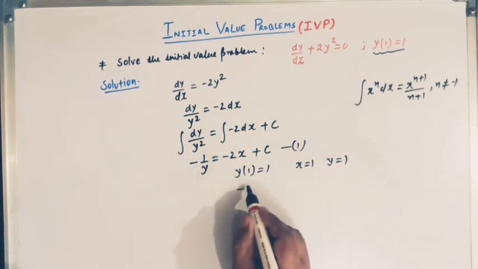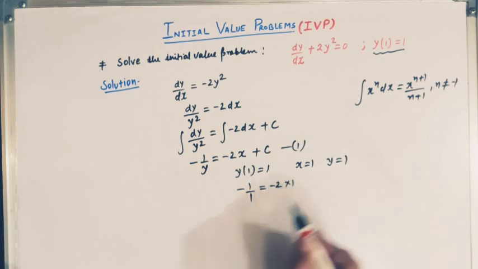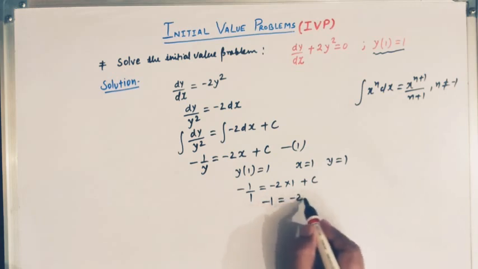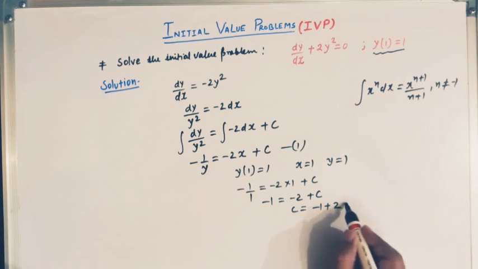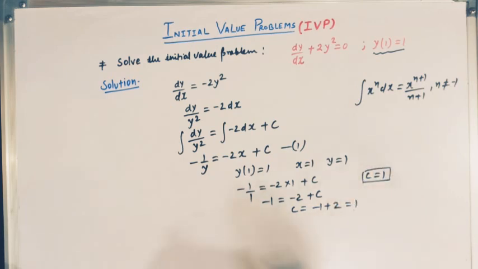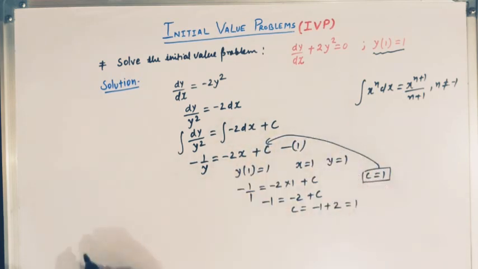So here we have minus 1 over 1, and here we have minus 2 times 1 and plus c, and this is minus 1 minus 2 plus c, and c is minus 1 plus 2, that is 1. So the value of the constant of integration is 1, and let us substitute this value here.